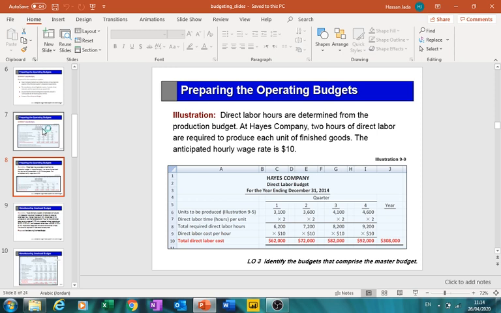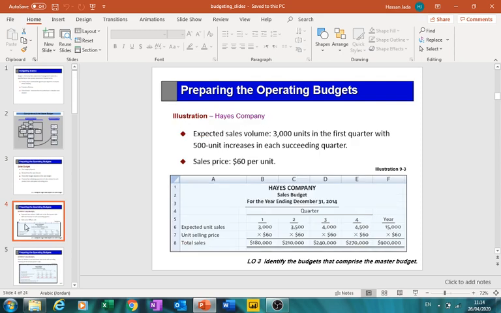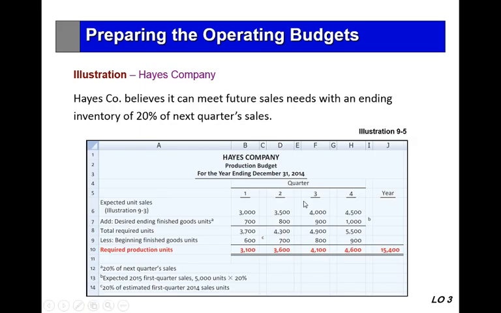To recap our example, here we have his company, which has a production budget from the previous video. We expect required production units for the next year.